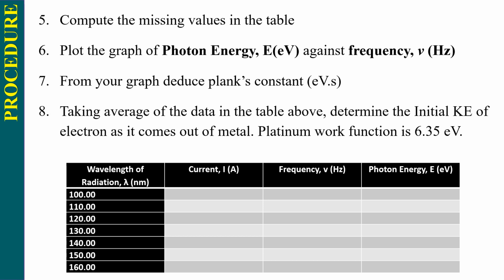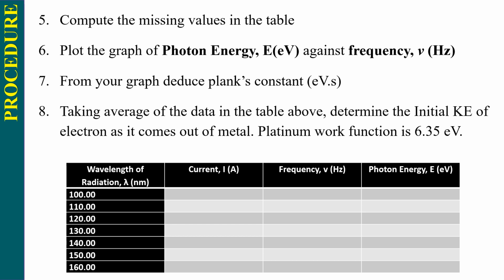I haven't done that. We have a number of missing values in this table which are to be computed. The values to be computed are the frequency and the photon energy. From the formula earlier, the frequency is equal to C over lambda. Lambda is given here, and since lambda is given in nanometer, it needs to be converted to meters before computation can proceed.